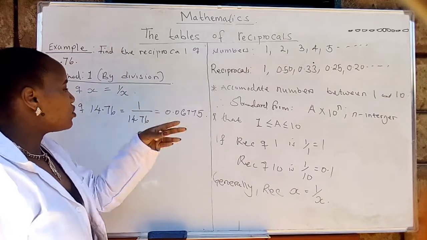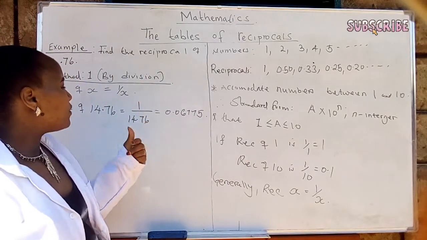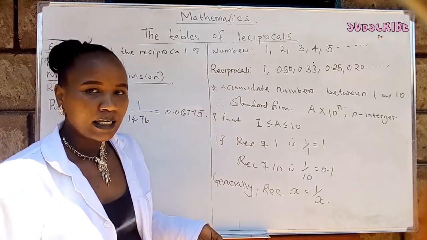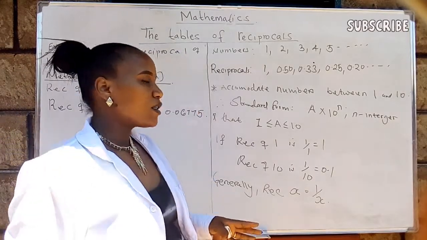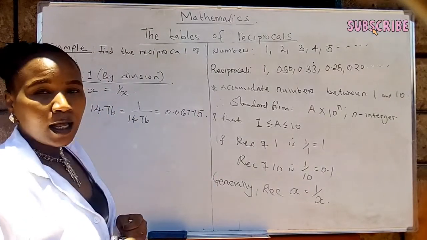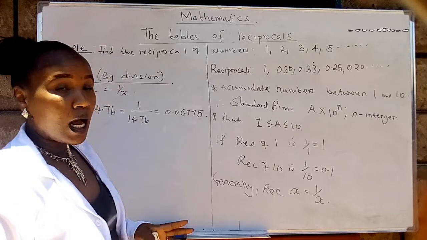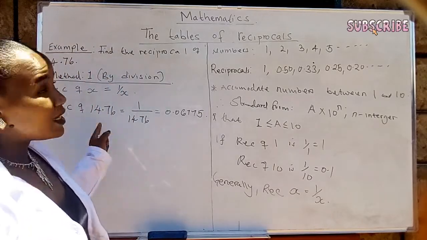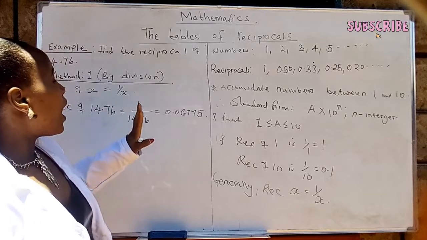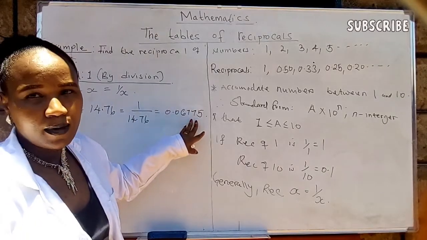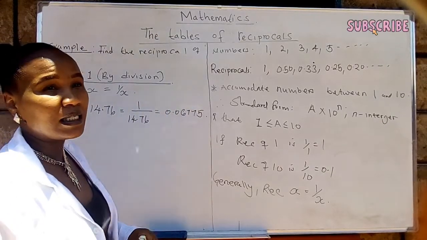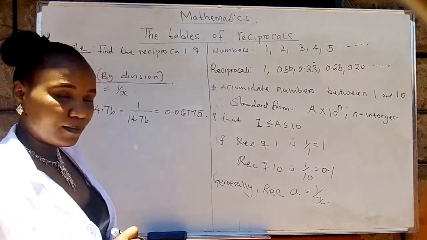If you have a calculator, you just place 1 divided by 14.76. And now I want us to use the reciprocal tables to find the reciprocal of the same number and see whether we shall get the same answer or whether there will be a slight difference.